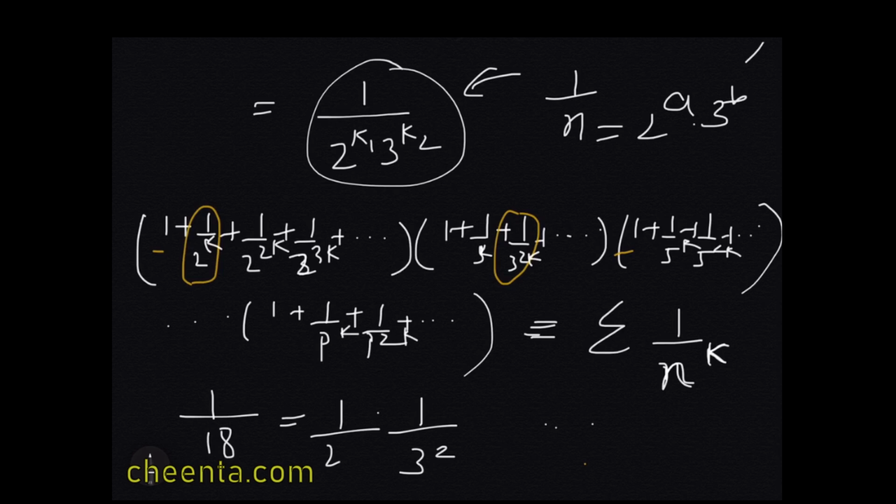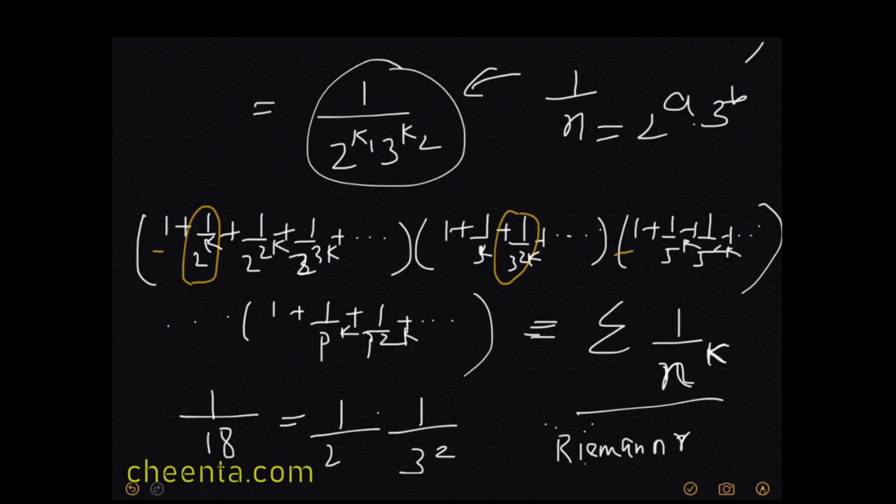So this infinite product is the Riemann zeta function, and its connection, the infinite summation of 1 by n power k, is the Riemann zeta function. This connection to the primes, because 1 by n was not convergent, we did some power k. This is an informal way. So we get 1 by 2 power k, 1 by 2 power 2k and all that. So this is the Riemann zeta function and its relation to primes.